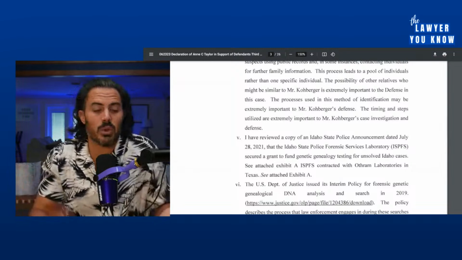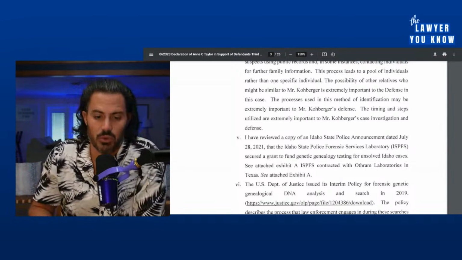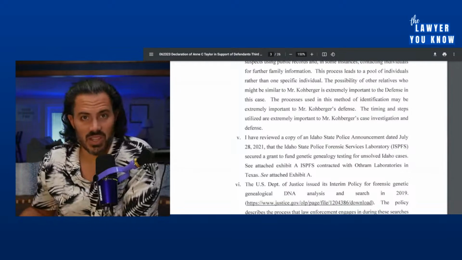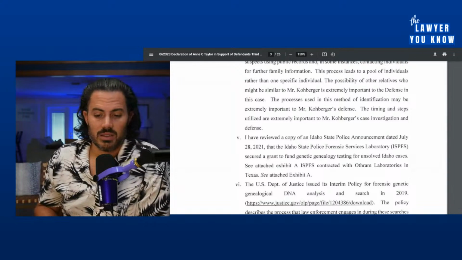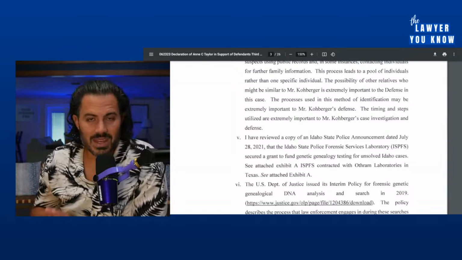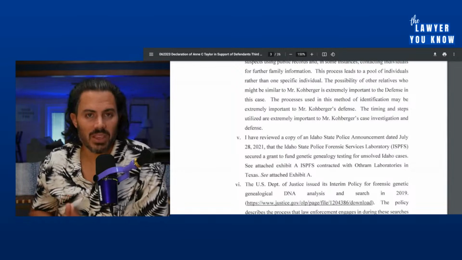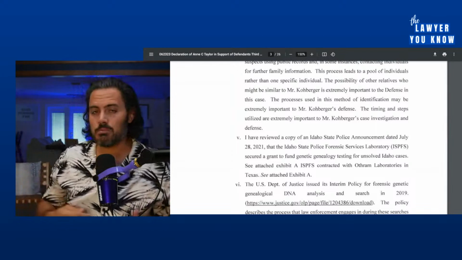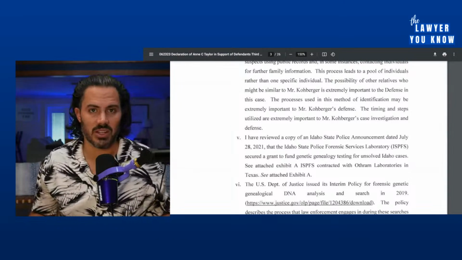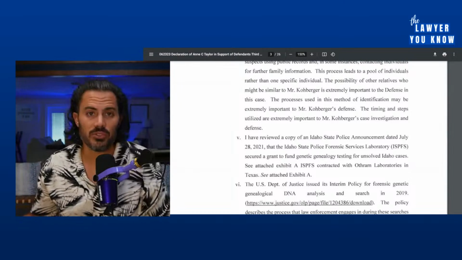This is exactly what we were saying when we initially read the state's protective order. We understand what you're saying, state, but we need that information to make sure that it wasn't a relative of Mr. Kohberger's, that it didn't point the finger to somebody else that could have done it, or that there's some kind of proof they did it.